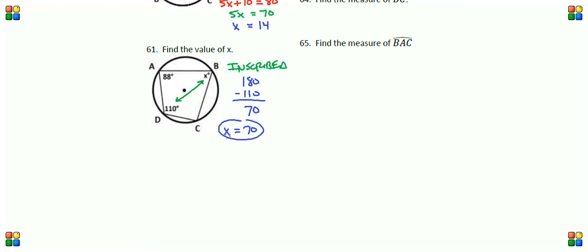Alright, quickly, just to explain why this is the way it is, if you can picture this angle right here, ADC, that's an inscribed angle, and it intercepts arc ABC.